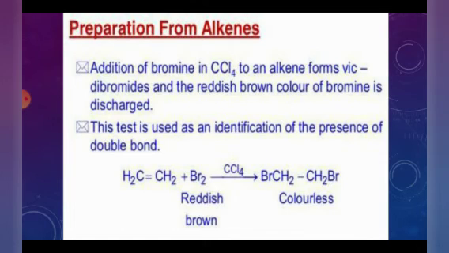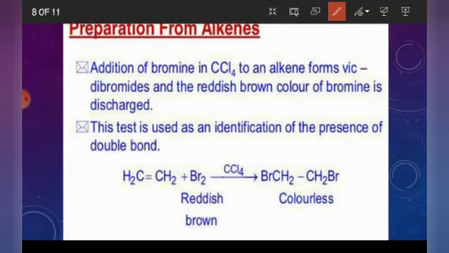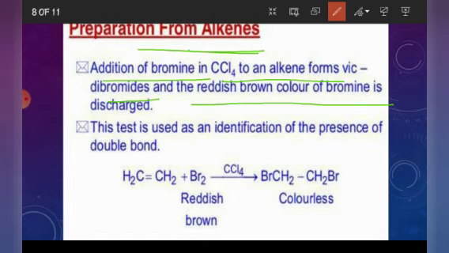This method again comes under preparation from hydrocarbons. Here preparation from alkenes is being done. Addition of bromine in CCl4 to an alkene forms vicinal dibromides, and the reddish brown color of the bromine is discharged.